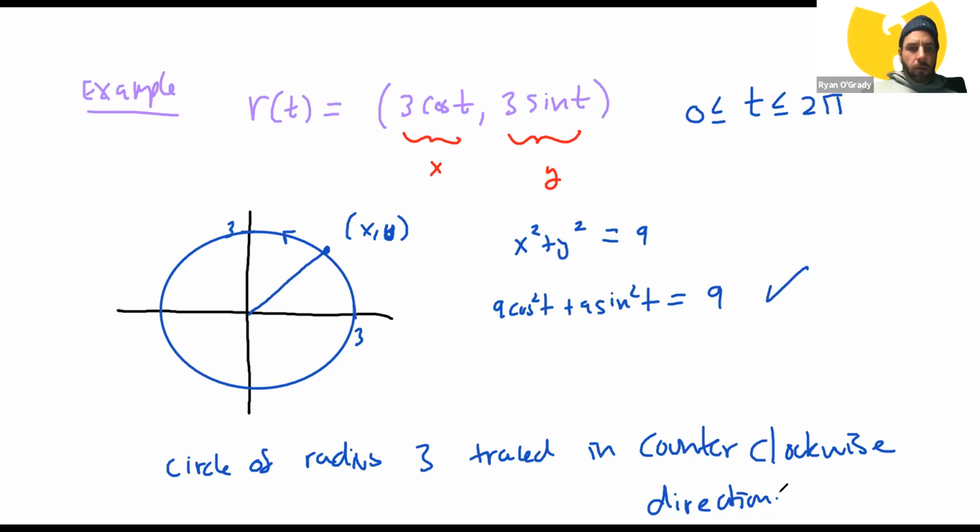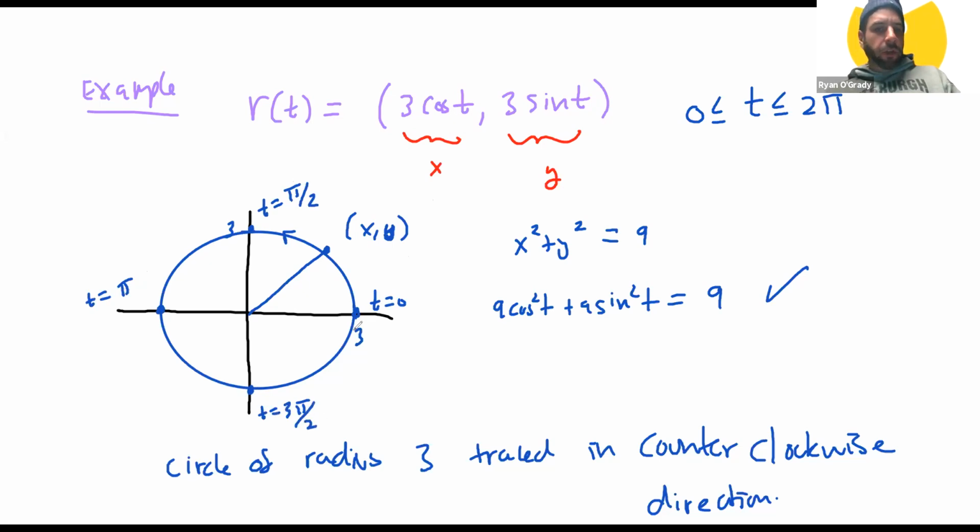No, you could think of the derivative if you wanted, but just plug in points. Let t be 0. What happens when you plug t equals 0 in? Here's the point. What happens when t equals, say, pi over 2? Well, you get here. When you plug t equals pi in, you get this point. If you plug t equals 3 pi over 2, you get this point. And of course, you could do all the different ones if you wanted.